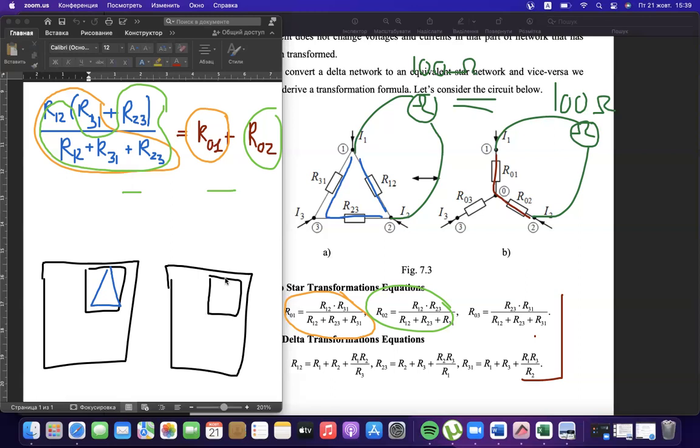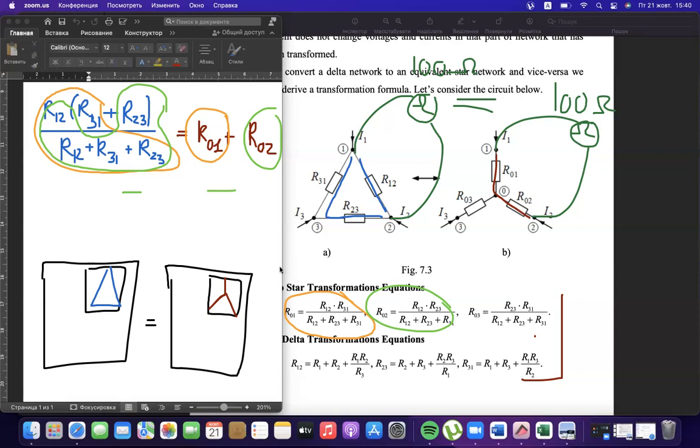Inside the second circle, you should have a star. But these two circles should be exactly the same. Your final task is to find which triangle you should connect here and which star you should connect here. Then the circles will be the same. How could it be found?